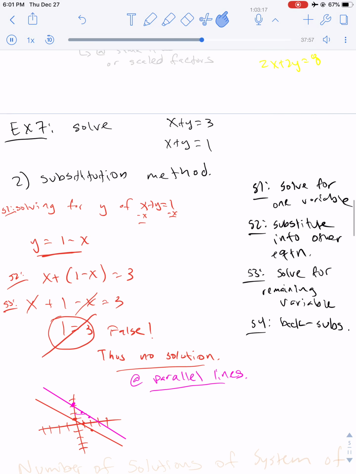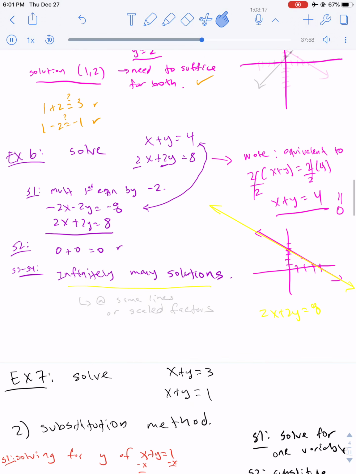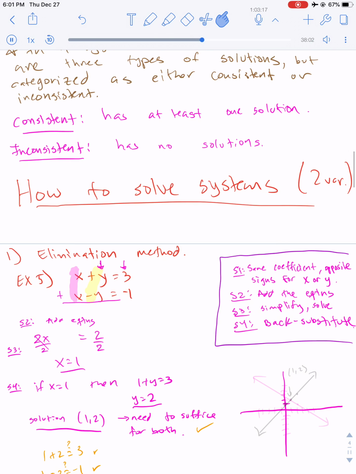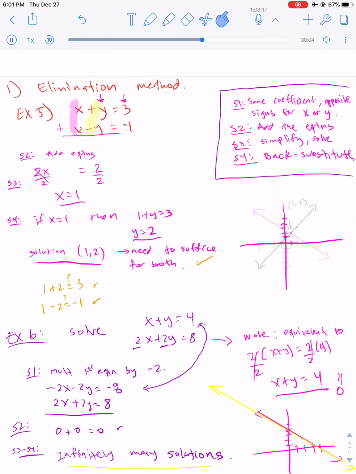So if I come back up here to example 5 and I plot out the graph, which I'm doing right now, I'll have the first equation, subtract x, that'll give me y equals 3 minus x, 1, 2, 3, down 1 over 1, down 1 over 1, and so on.